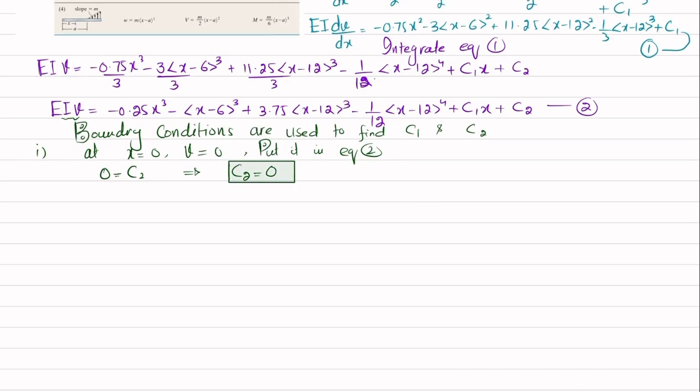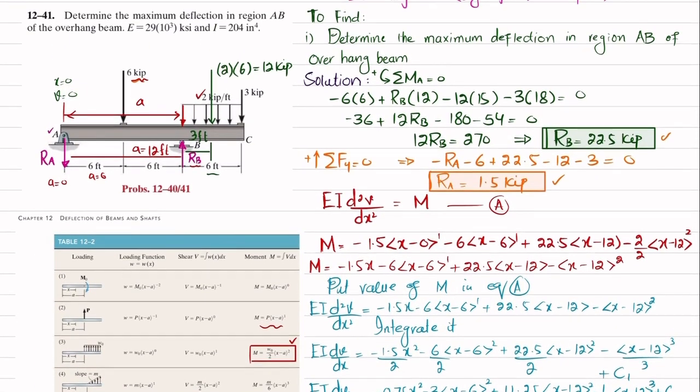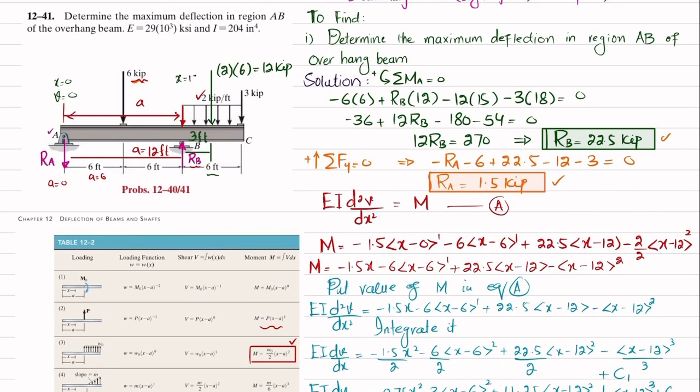Now the second boundary condition is that at x is equal to 12 feet, we have deflection is equal to 0. So you can see over here x is equal to 12 feet. So we have deflection is equal to 0 because here you can see that this is a roller support. And also the deflection of this beam will be like this.